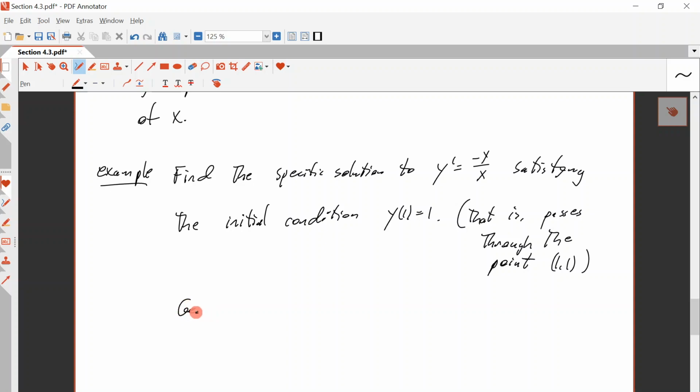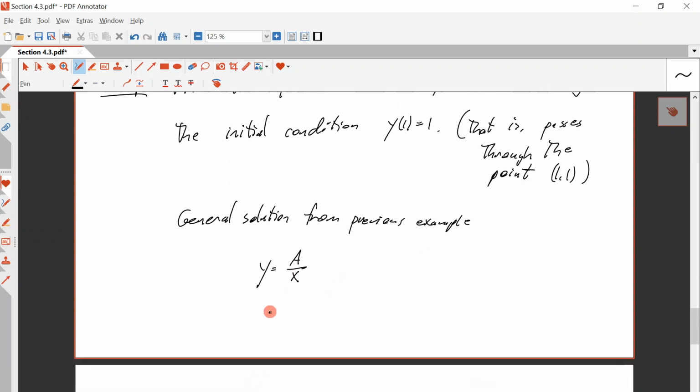Right? Well, the general solution that we found from the previous example was y equal to a over x.